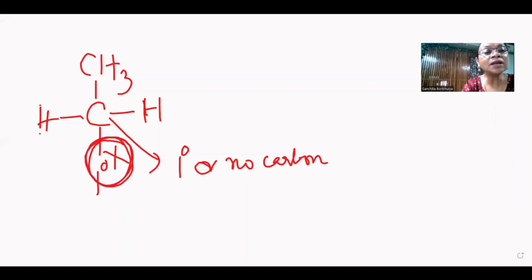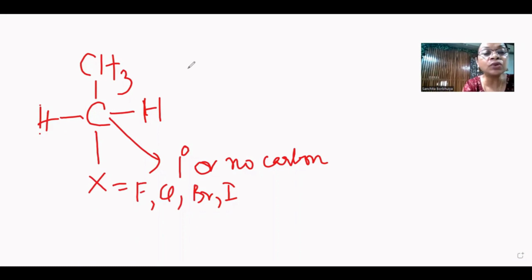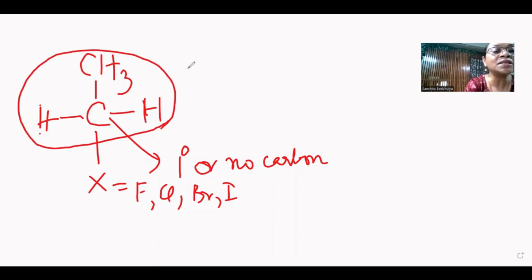Basically, if I put a functional group that is halogen here, denoted by X, which is fluorine or chlorine or bromine or iodine, astatine does not come into this domain because it is radioactive. So this carbon is a 1-degree carbon, and it is an ethyl carbon, CH3CH2. So this is 1 degree, and the radical I'm speaking of is ethyl.